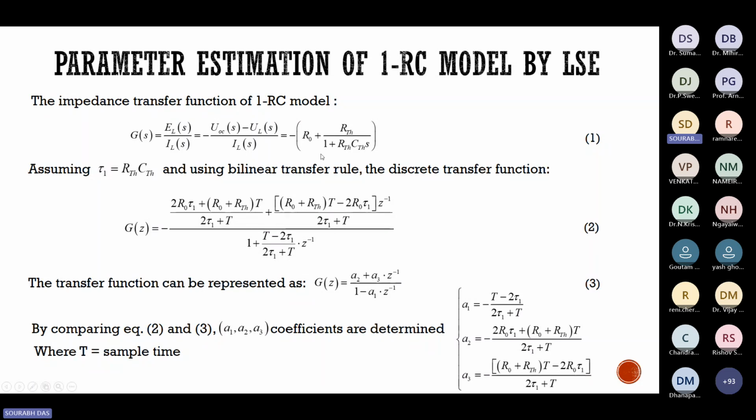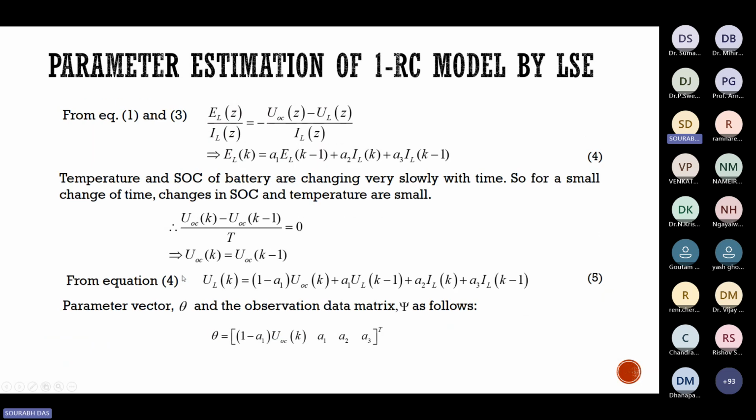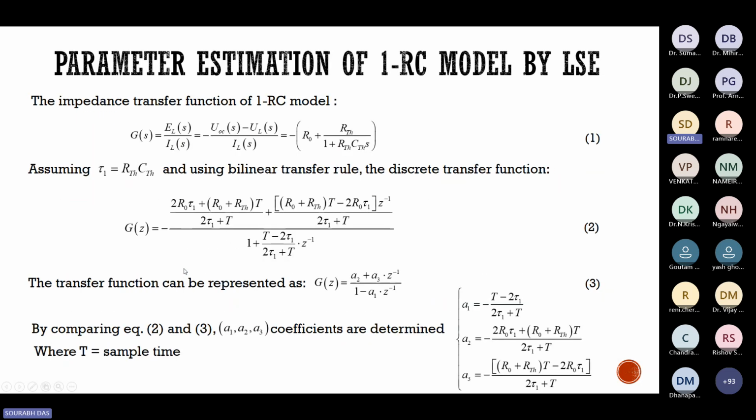And if we use the bilinear transform rule, then the discrete transfer function will be like this. So equation 2 represents the discrete transfer function of impedance. Then this transfer function can be represented by the equation 3, and if we compare this equation 2 and equation 3, then we can get the A1, A2, A3 value.